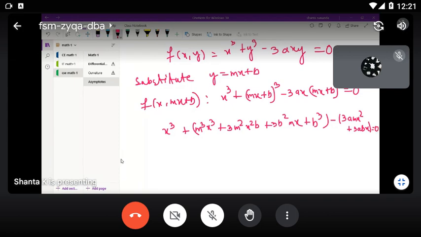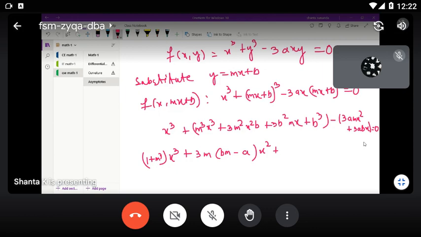Now we will collect the highest degree terms. The coefficient of x cube is 1 plus m cube. For x square we have this term and one more term, so 3m square b minus 3am. This is the coefficient of x square. We can take 3m common, and write it as 3m(bm minus a).